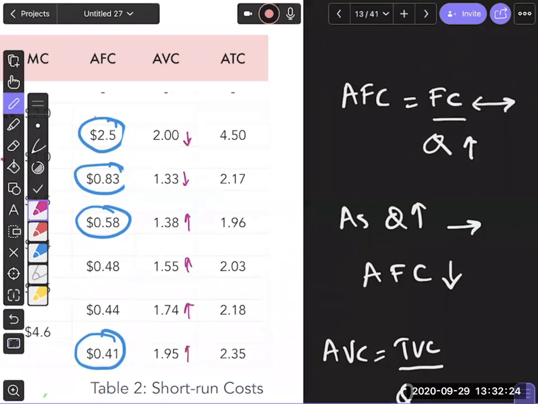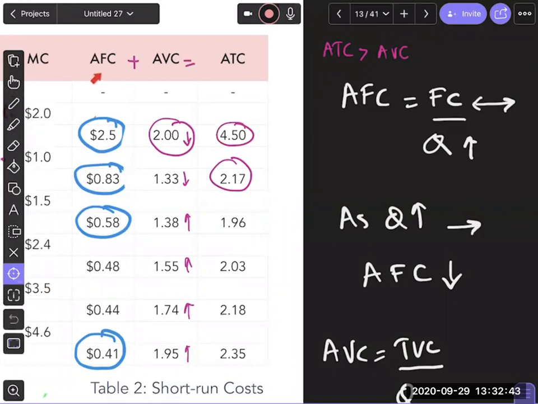And average total cost, first of all, you can see is more than average variable cost. So ATC is more than AVC. Why? Because AVC plus AFC is equal to ATC. So the sum of average variable cost and average fixed cost is the average total cost. 2 plus 2.5 is 4.5, 1.33 plus 0.83 is 2.17, and so on.